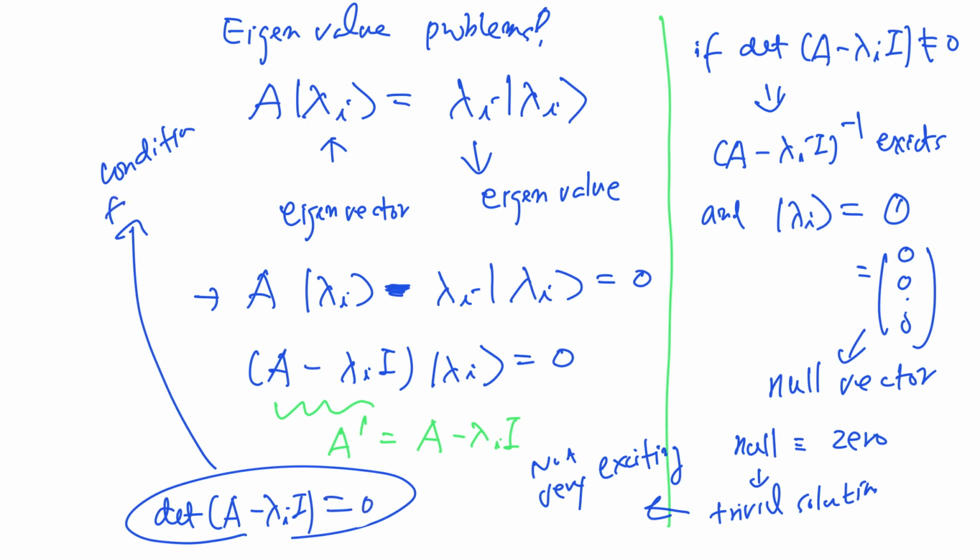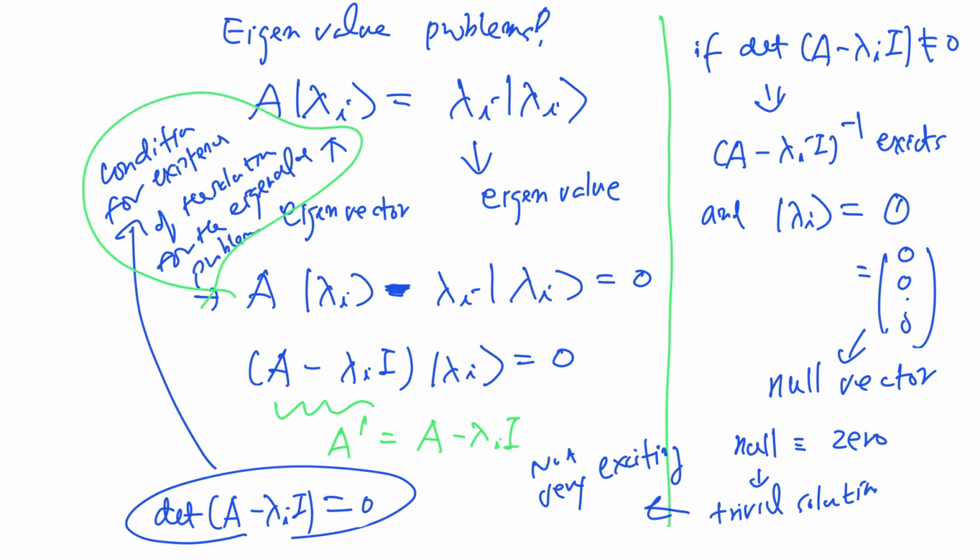This is the condition for the existence of the solution for the eigenvalue problem. You are going to find the lambda for which the determinant is equal to zero. And we are also going to confine ourselves to Hermitian matrices.